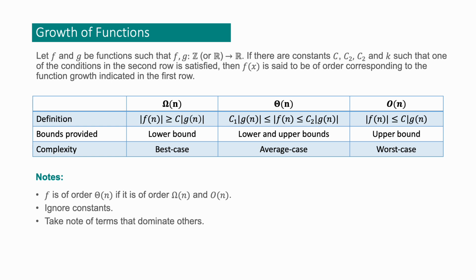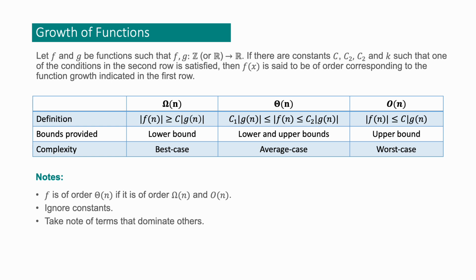And then the big theta is defined by this: f of n is bounded below and above by g of n, subject to some scaling, or the values of c1 and c2. That's why it's called the average case. For O of n, you have f of n being bounded above by g of n, subject to a certain constant c.